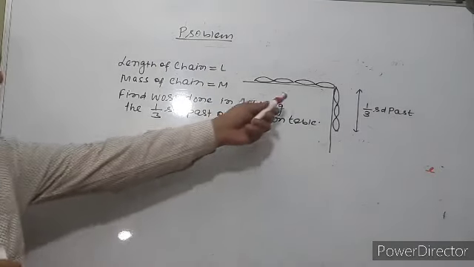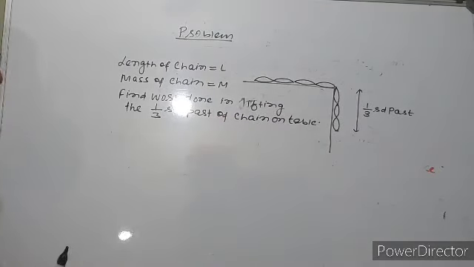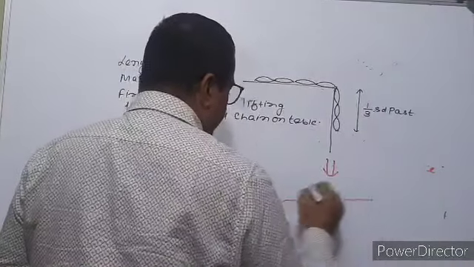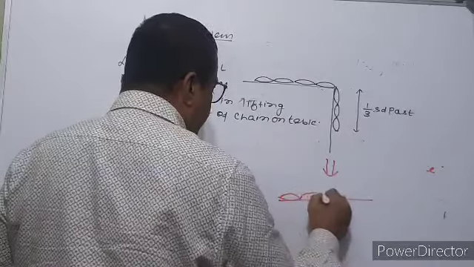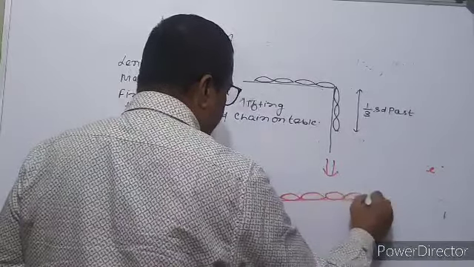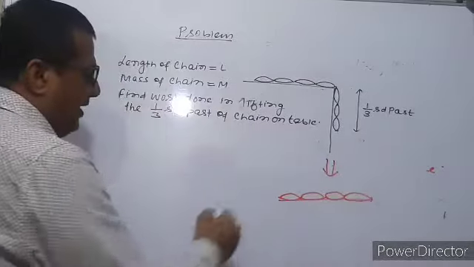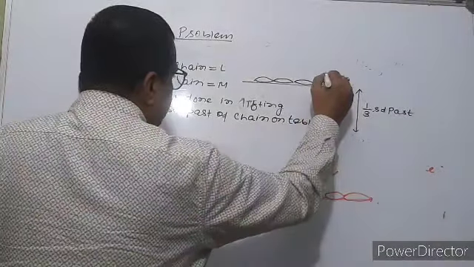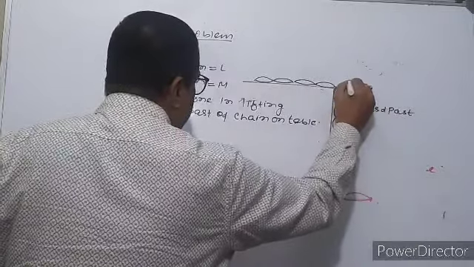Actually, when you lift this chain on the table, then this will be like that. This is the table. The whole chain will be kept on the table. This is the final position. And this is the initial position.